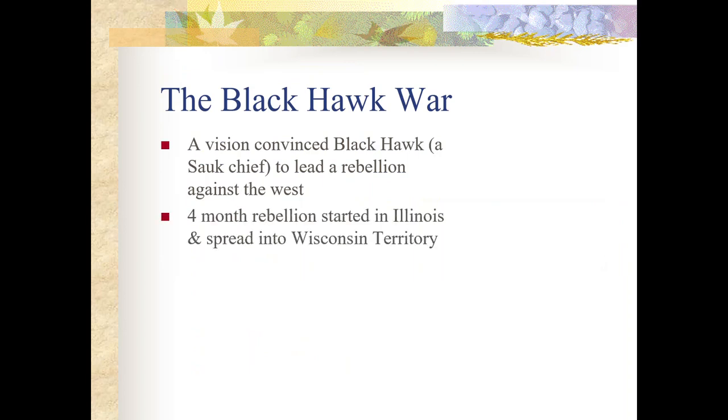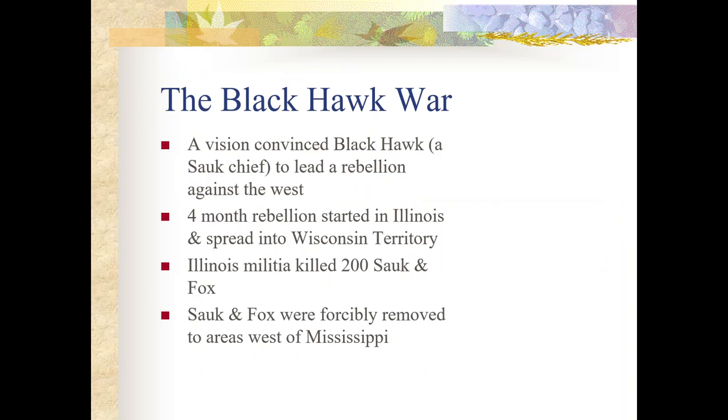So as I said, the four-month rebellion started in Illinois, and it's going to spread into the Wisconsin territory. Many settlers who were moving into that region found themselves in skirmishes and fights with the local Sioux and Fox. It is going to get to the point that the Illinois militia is going to be sent out to suppress the rebellion, and they end up killing 200 Sioux and Fox Native Americans, to the point that Black Hawk is going to surrender.